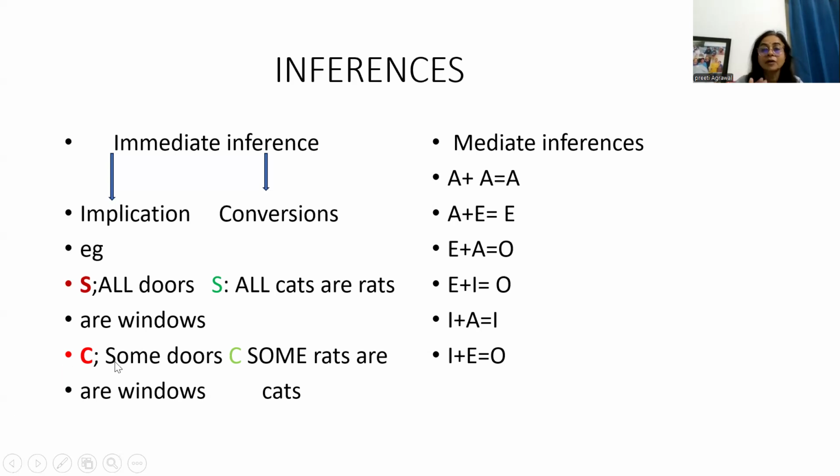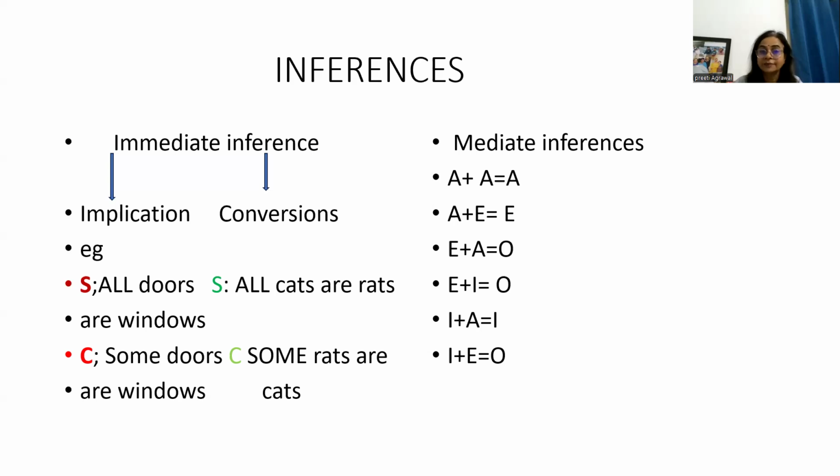Now we know what A type statements are: universal positive statements. So of course when two positive statements are combined, they give a positive conclusion.